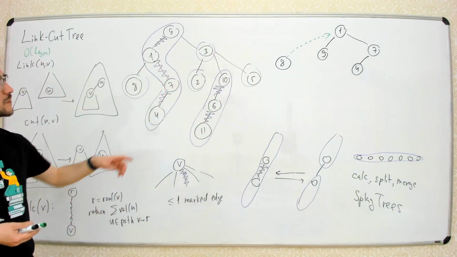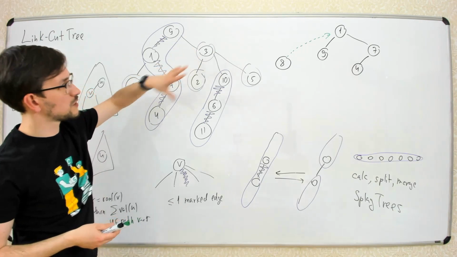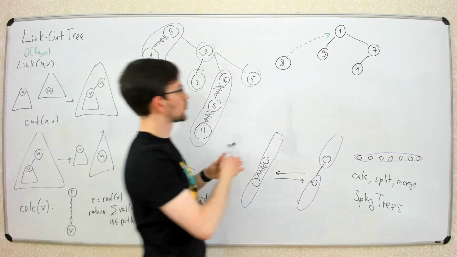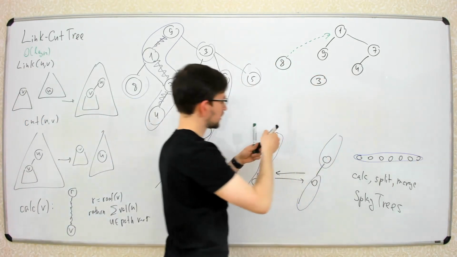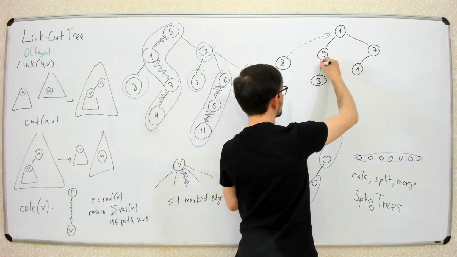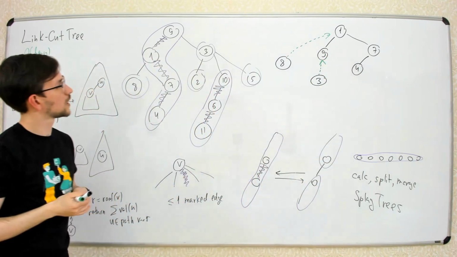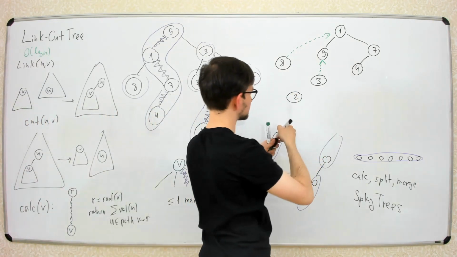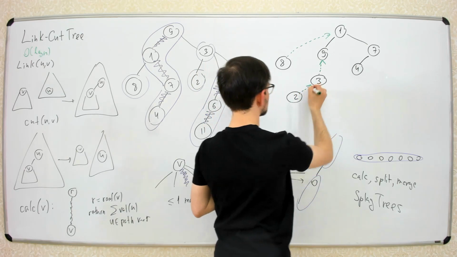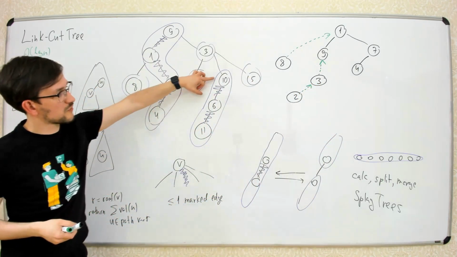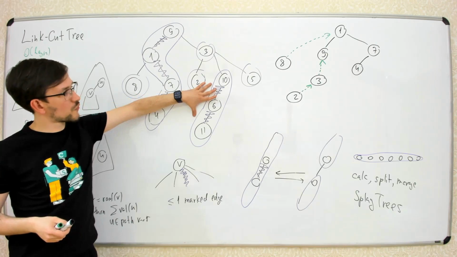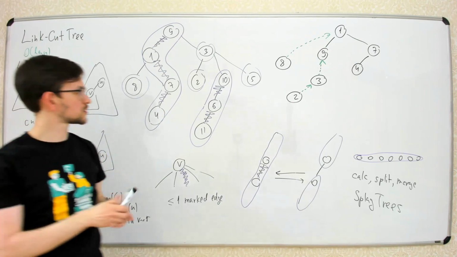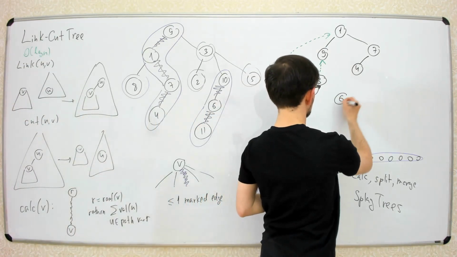Now let's build it. Here we have node 3. Simply, it's a tree of one node, and it is connected again to node 9. This node 2 is connected to node 3. Here we have a path of 3 nodes, 10, 6, and 11. So we build a splay tree of 3 nodes.